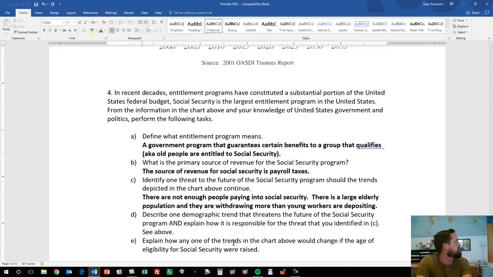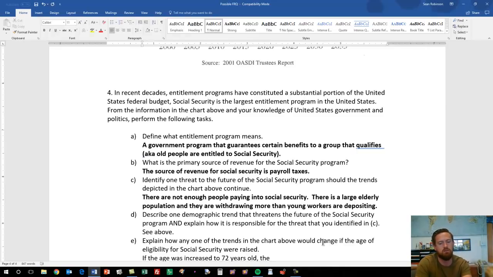All right, how would we phrase that? How about if the age was increased to, let's say, 72 years old, then what? Yes, and because of that, what would happen? Paid in more than... Yeah, but you're giving me all these specifics. I think I just need you to tell me the conclusion. As a result, the Social Security program would what? Last longer.